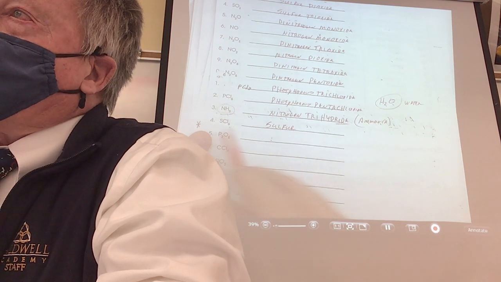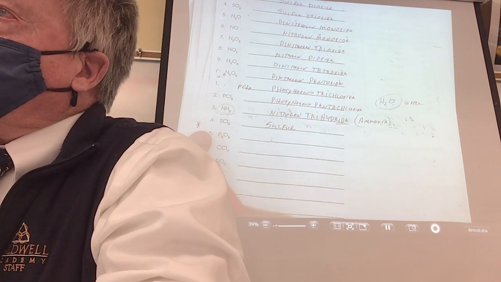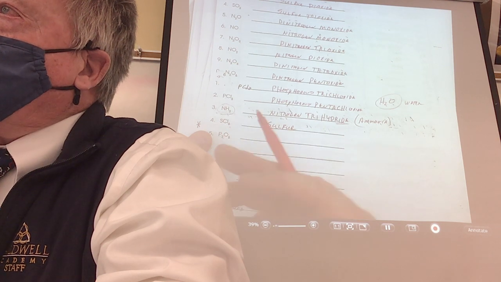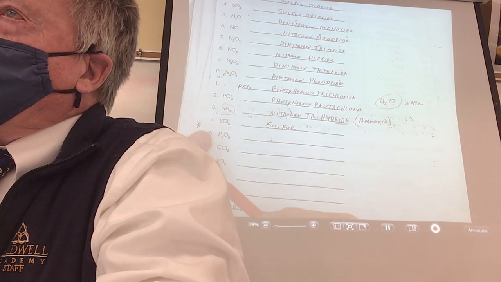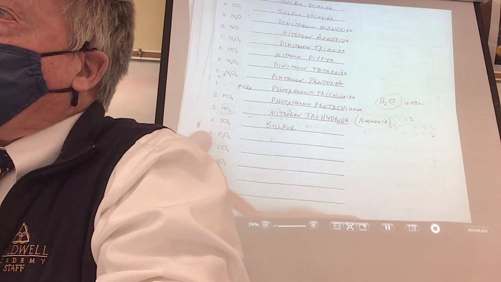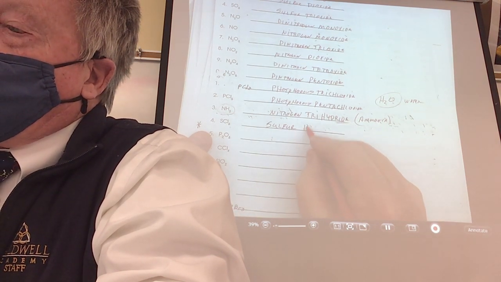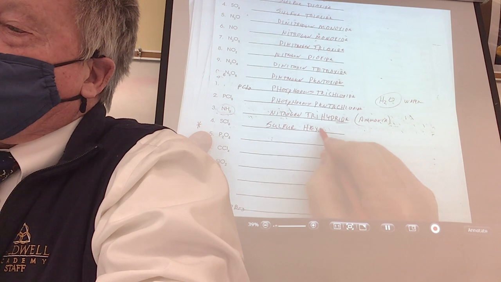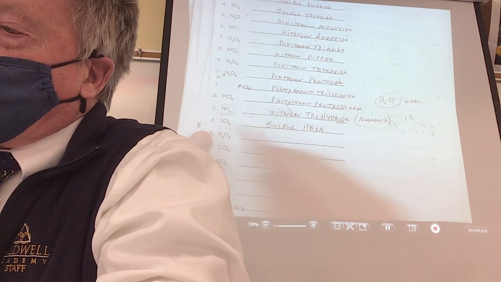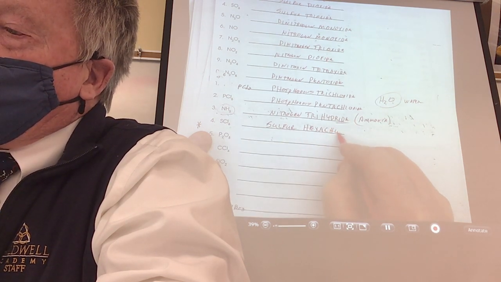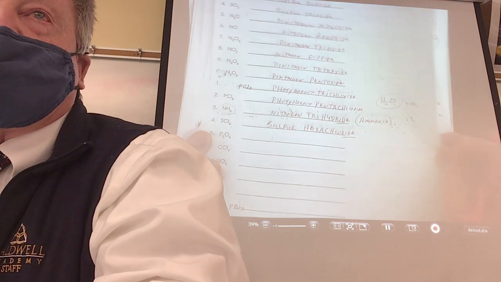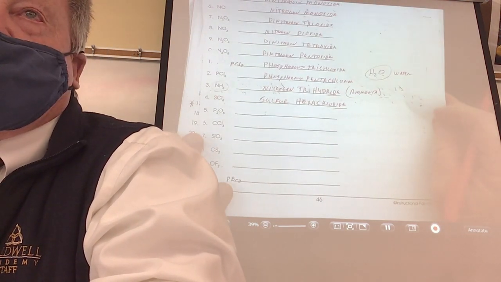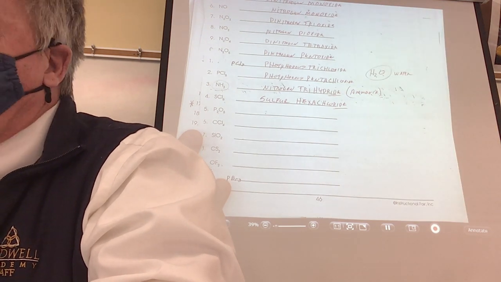Like if you were in geometry class and somebody had 6 sides, it's hex, okay? So here we go. Hexa, that means 6. And then this is chlorine. And all binaries end in IDE, don't they? So look at that one. Sulfur hexachloride.